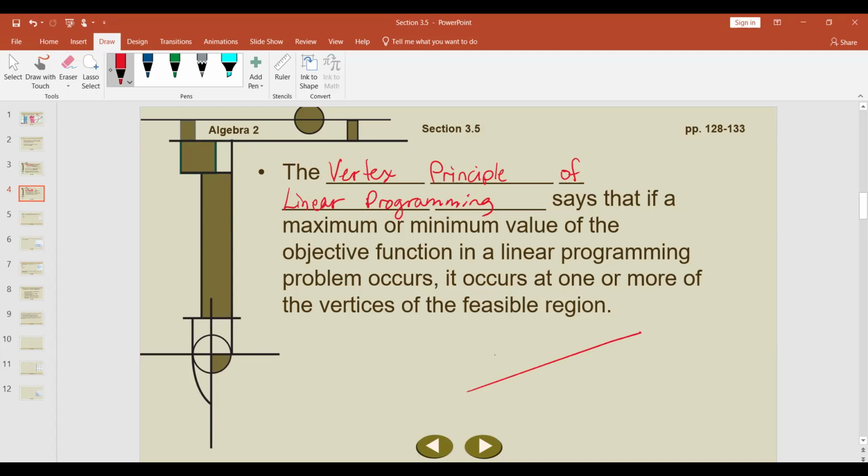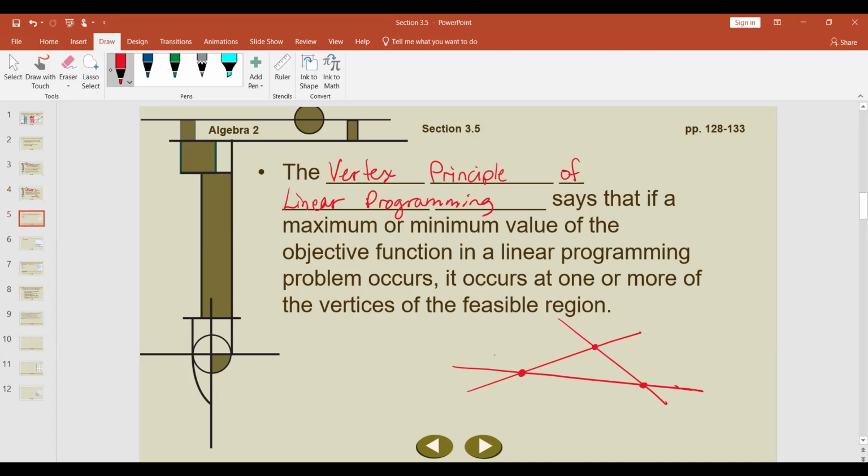So remember, if you have three lines intersecting, these are the vertices. These are the points. So we look at those points, plug them into the combined system equation to find out which one gives us the largest answer and the smallest answer. That's your maximum and your minimum.